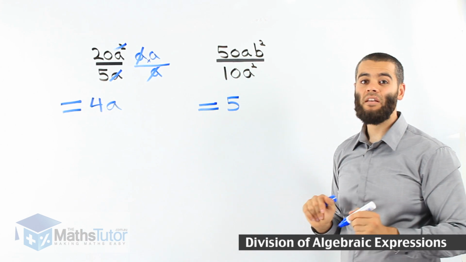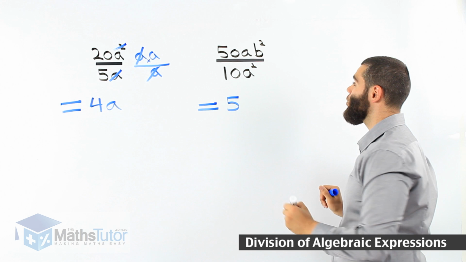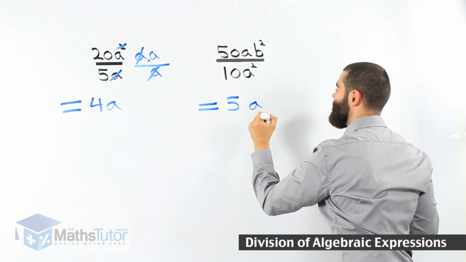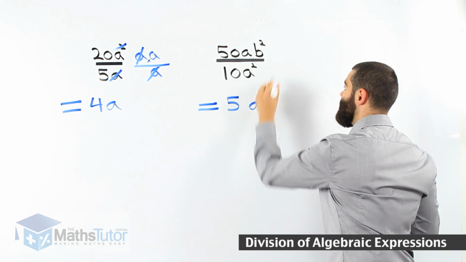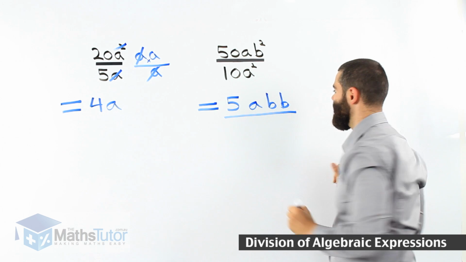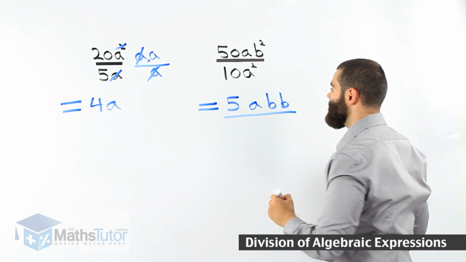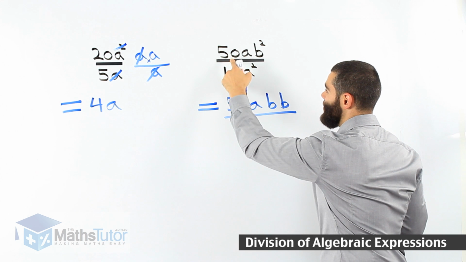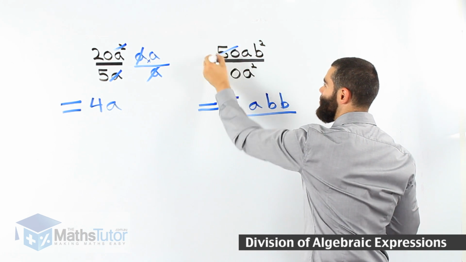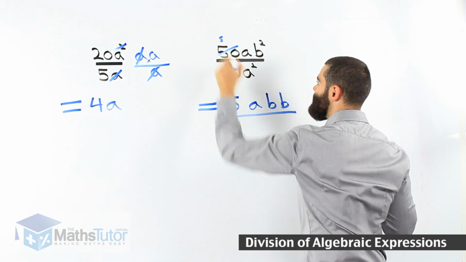And let's break it up here. B squared is really bb. Let's break it up so we can understand it even better. 50 divided by 10 is 5, so that's gone.